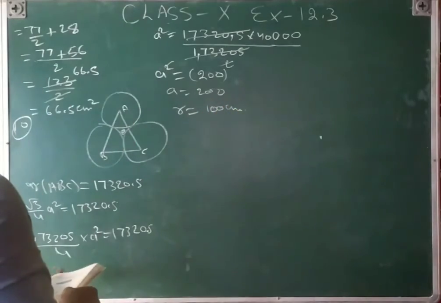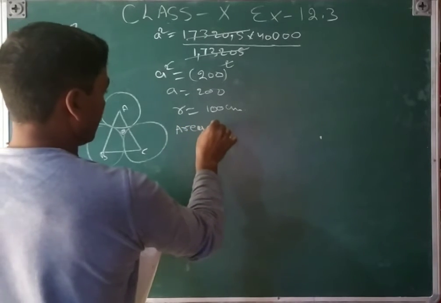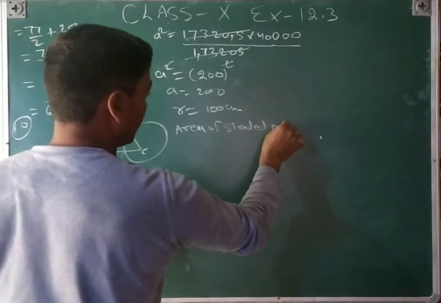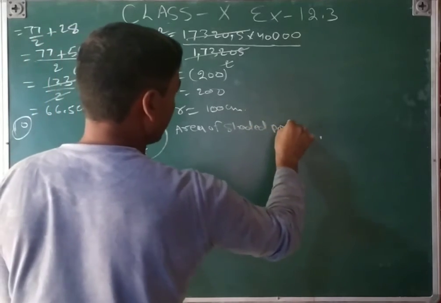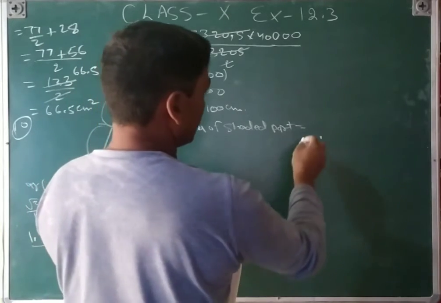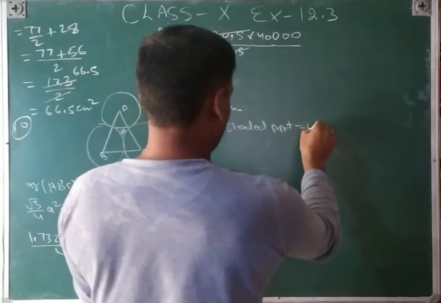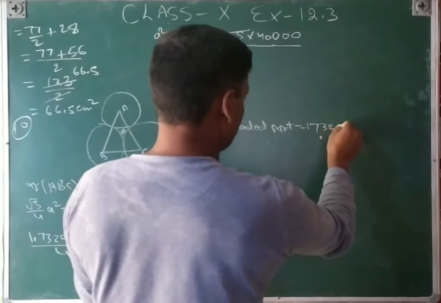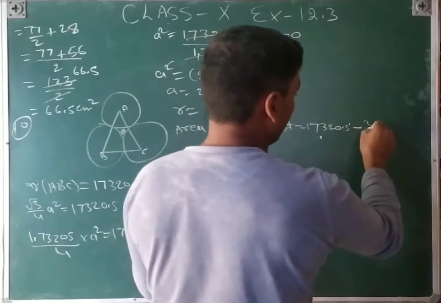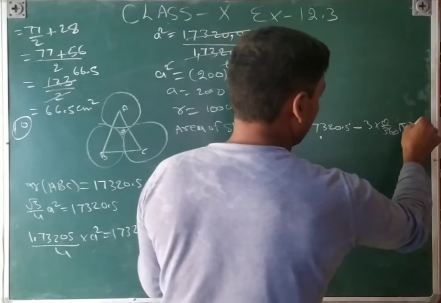Now area of shaded part is equal to area of triangle minus area of 3 quadrants, that is given area 1732.05 minus 3 times theta upon 360 pi r square.